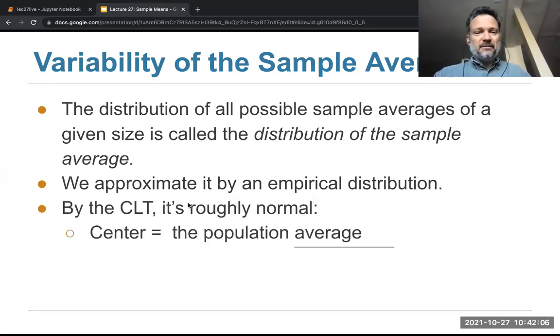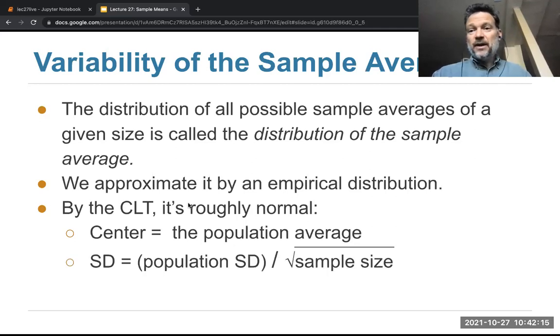And the central limit theorem tells us where the center of this is. It's centered at the population average, as we discussed. And we've just been working out the relationship of the SD of this. What we saw on Monday was that it decreases as you increase the sample size, not linearly, but according to the square root of the sample size.